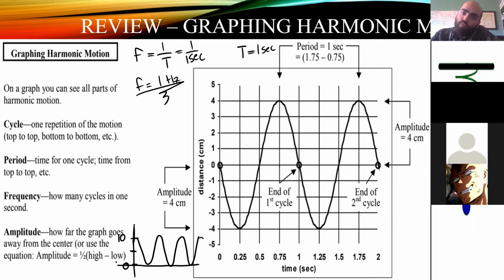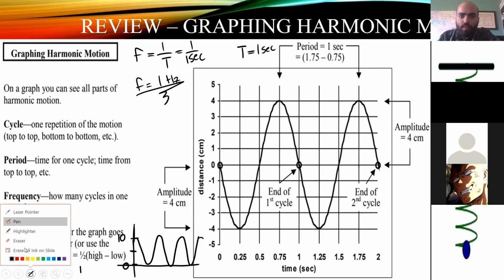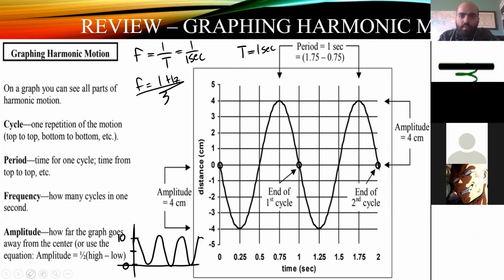So that's kind of like what this formula is doing. And if my high value is 10 and my low value is 0, then to find that amplitude, I'd be doing 1/2 of the high value, which is 10, minus the low value, which is 0, and that would give me 1/2 times 10, which is 5.